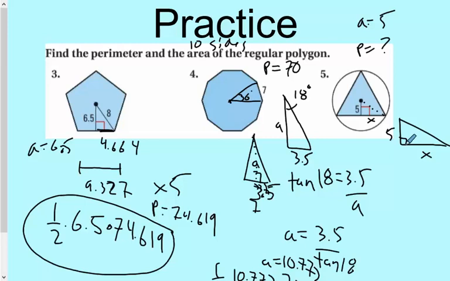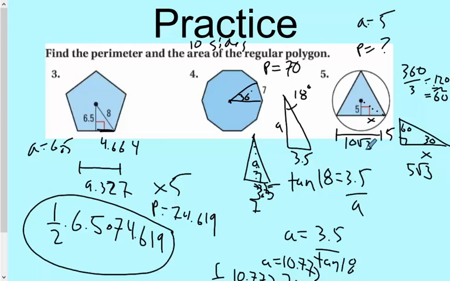Now, let's see. Let's figure out what the central angle is. So 360 divided by 3 is 120. 120 divided by 2 is 60. Okay, so this is 60. Ooh, we have a 30, 60, 90 triangle. Okay, so if I take the short leg and I multiply by root 3, it gives me the long leg. So 5 root 3 using the 30, 60, 90 technique. If I double that, it gives me the full length there, which would be 10 root 3.